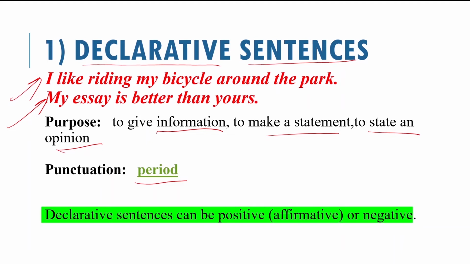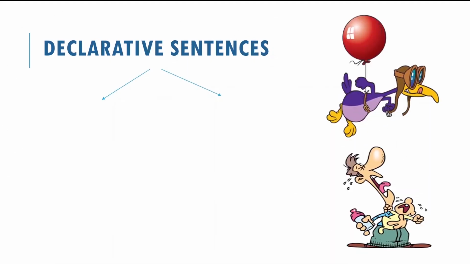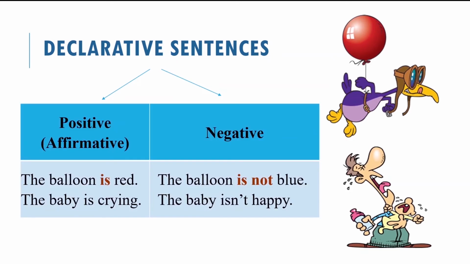Declarative sentences can be positive or negative. Declarative sentences can be further classified into two categories, positive or negative. Positive sentences which have positive meaning are also called affirmative sentences. These kinds of sentences tell us what something has, does, or is, and negative sentences are opposite to affirmative sentences. Let's look at some examples. The balloon is red. The baby is crying.